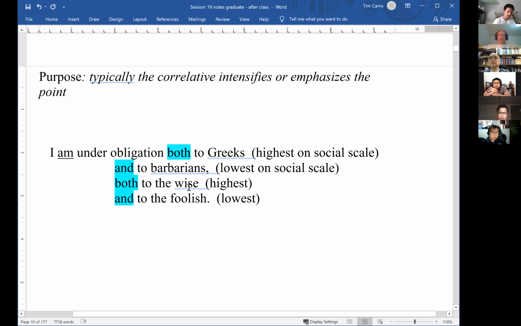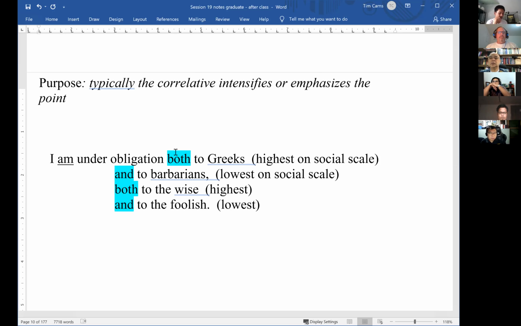Those are opposite ends of the spectrum. And so here, the word both actually accentuates or intensifies his point. He's trying to really bring emphasis. I'm under obligation both to Greeks and to barbarians. So it's emphasizing the difference here. It's intensifying what he's trying to communicate.